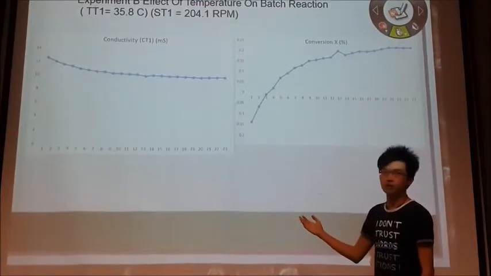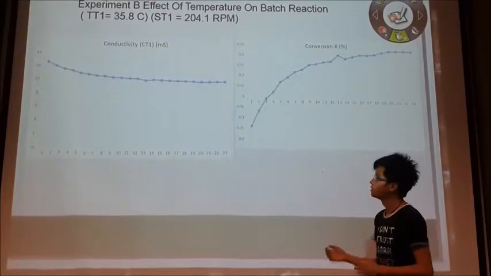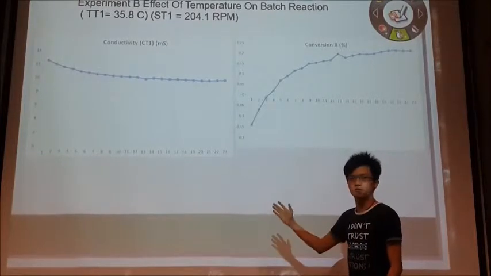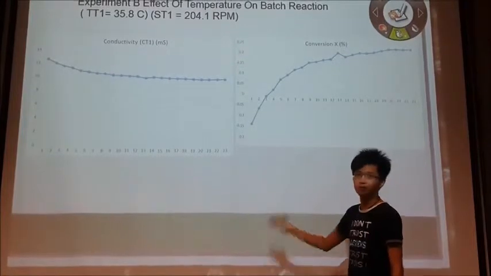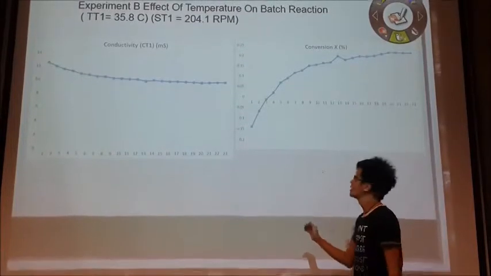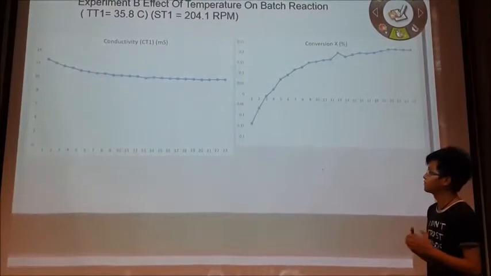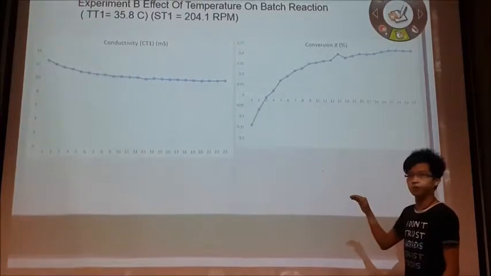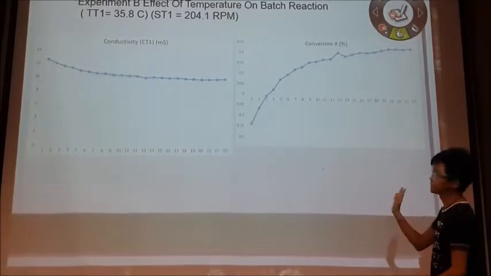The temperature is adjusted higher than the previous experiment, and the conductivity obviously takes a shorter time to become stable. The conductivity decreases with time, and still the same, the conversion increases with time, but the difference is the conversion got a negative value here. It started from a negative value, and it takes a shorter time to achieve the steady state.